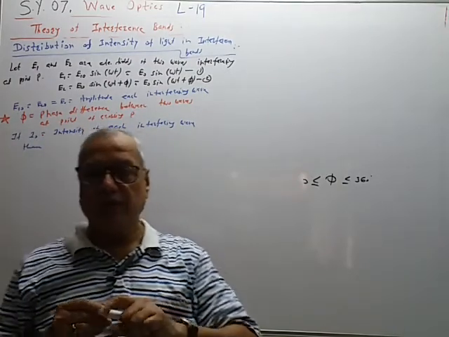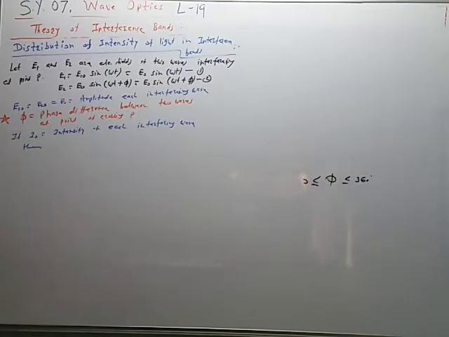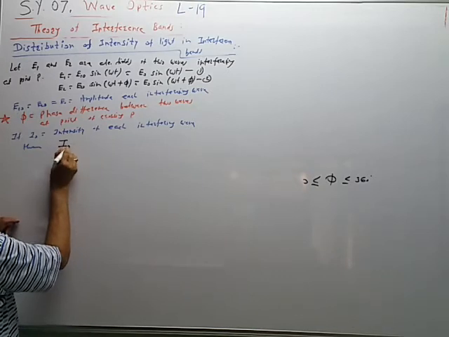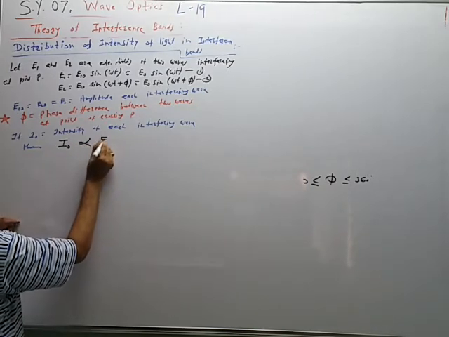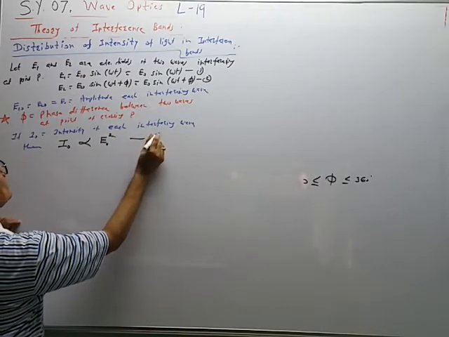For any type of wave, intensity is directly proportional to the square of amplitude, and therefore I0 is directly proportional to E0 square. Say this is equation 1.